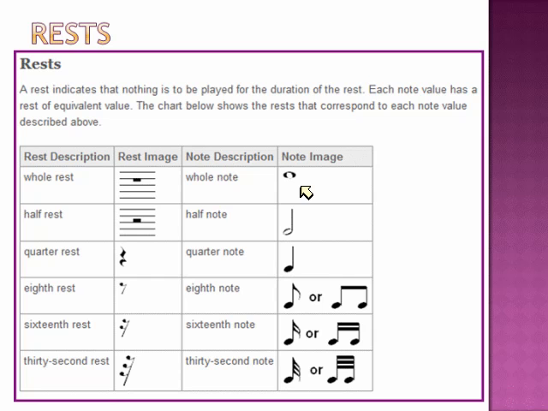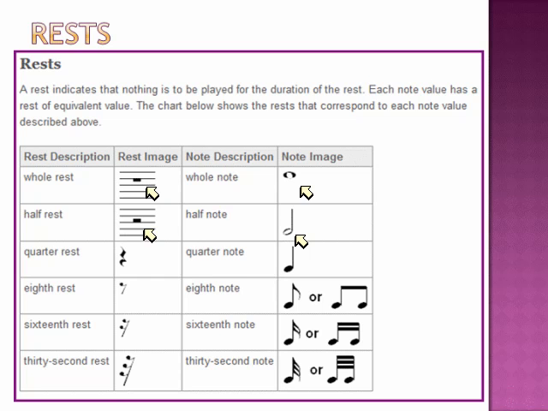Then the whole rest is indicated by that rectangular black bar, which hangs down from the 4th line of the staff. When I say 4th line, I always count the lines from the bottom of the staff. So it hangs down from the 4th line of the staff. That indicates 4 beats of silence. The half note has a corresponding rest of a half rest.